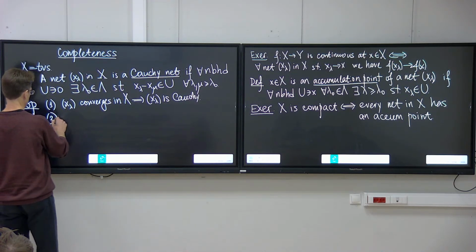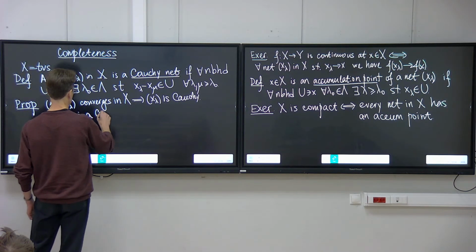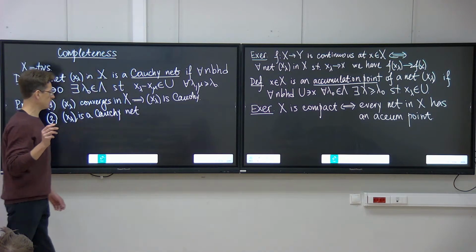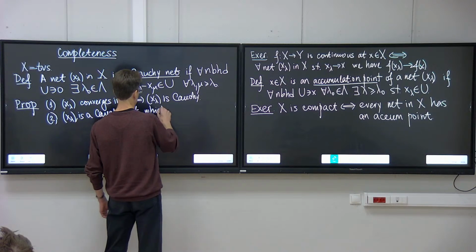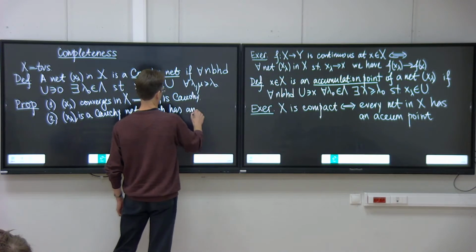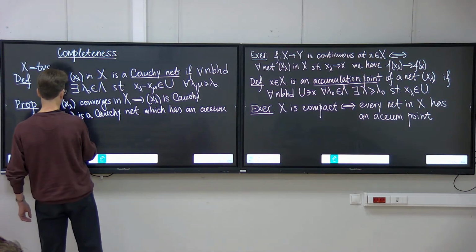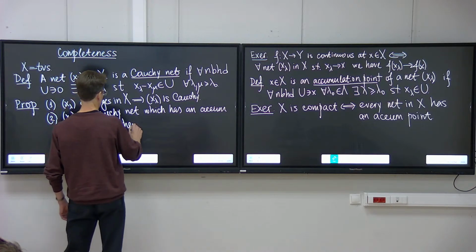Second, if x lambda is a Cauchy net which has an accumulation point, say little x, then it converges to x.